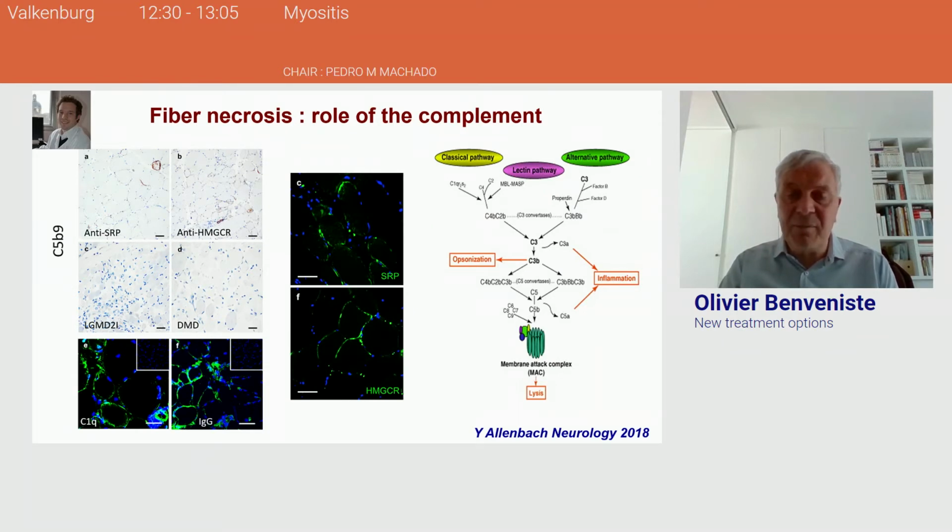And is it coming from the classical pathway or the alternative pathway of the complement? We also performed immunohistochemistry using antibodies against C1q, which is the hallmark of the classical pathway. And you can observe also, as you can see here, IgG deposits of immune complex at the surface of the fibers.